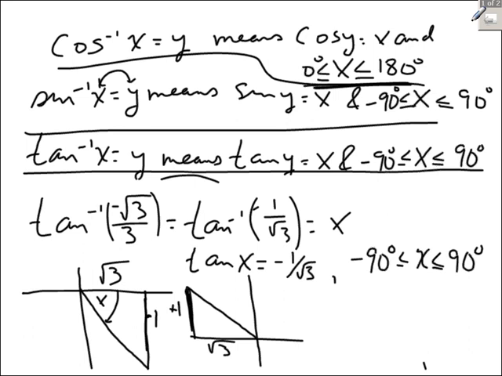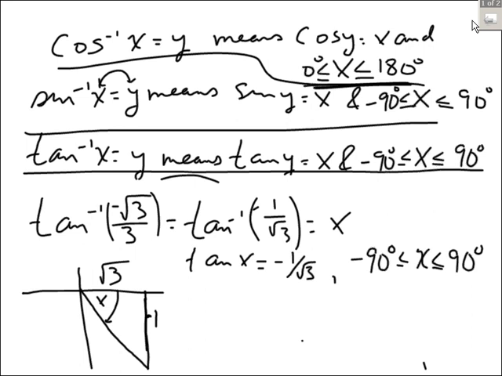That would have been the positive. And since the square root of 3 is going to the left, it would have been the negative. You never have these problems with sines and cosines, because the denominator is always the hypotenuse, which is always positive.